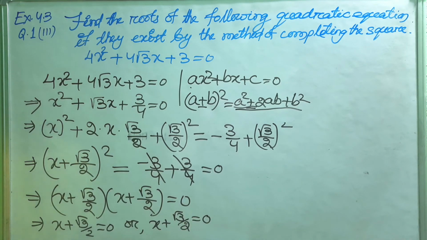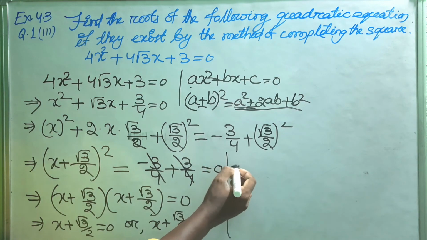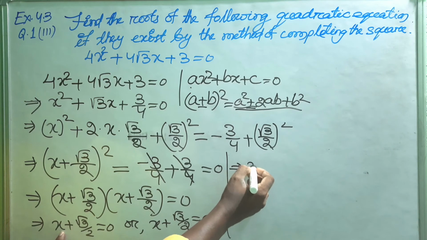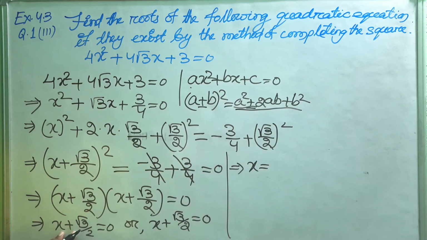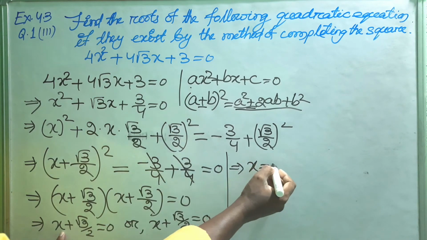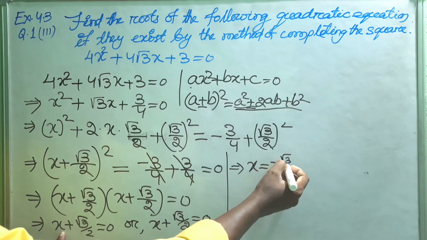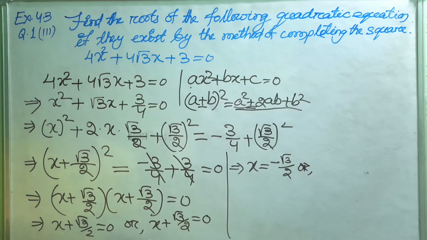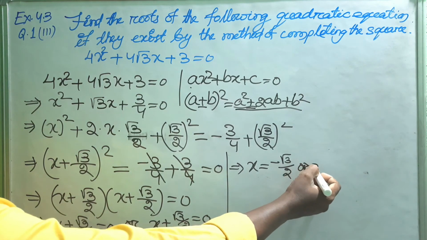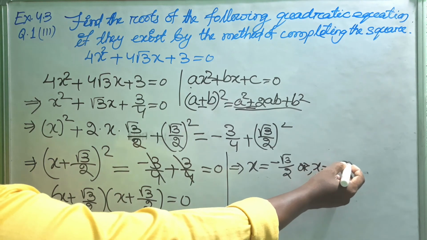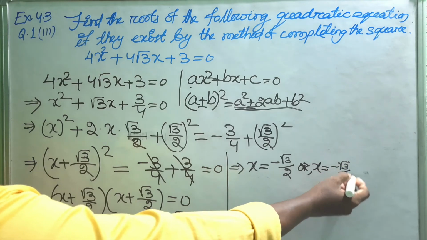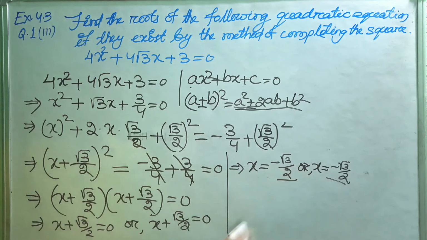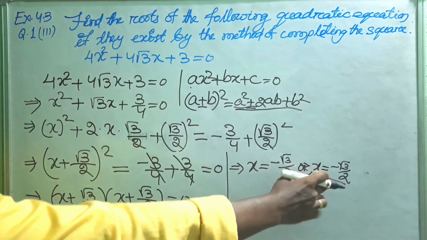Now this implies x is equal to, if we take plus root 3 by 2 to the right hand side, it will be minus root 3 by 2. Or x is equal to how much? Minus root 3 by 2. So here we got two roots, and the roots are equal.